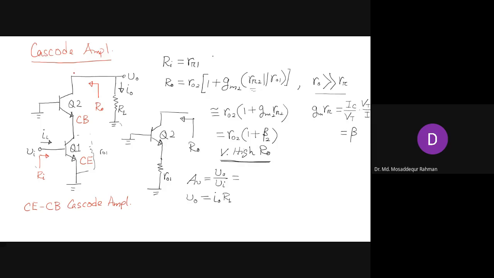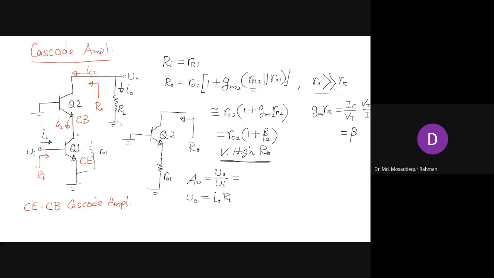So here we'll have this current flowing in this direction, the collector current IC, which we can call IC2, the collector current of Q2. And we have current here in the emitter, that is our IE2.